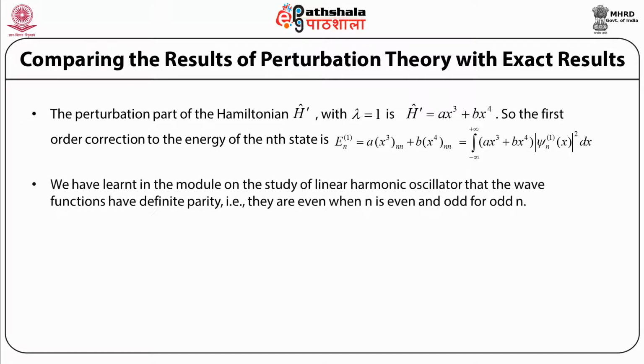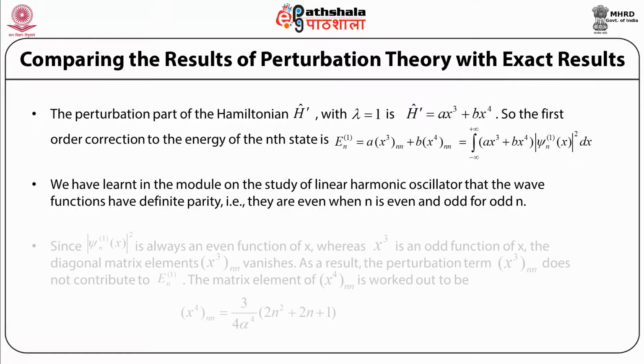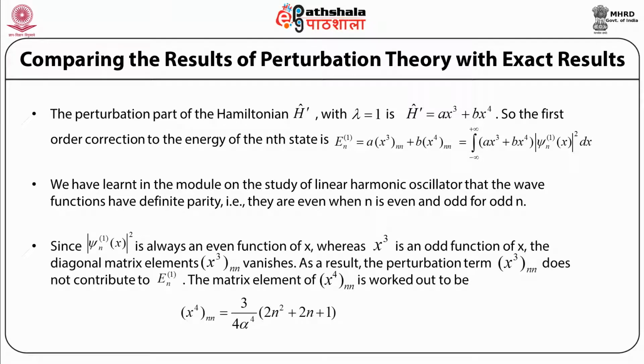We have learned in the module on the study of linear harmonic oscillator that the wave functions have definite parity, that is, they are even when n is even and odd for odd n. Since psi_n(x) modulus square is always an even function of x, whereas x cube is an odd function of x, the diagonal matrix element (x cube)_nn vanishes. As a result, the perturbation term x cube does not contribute to E_n^(1).